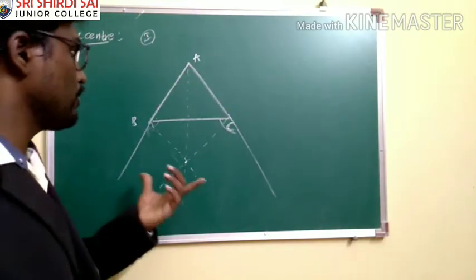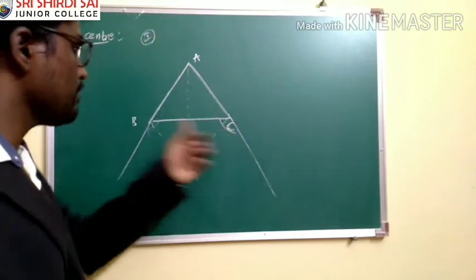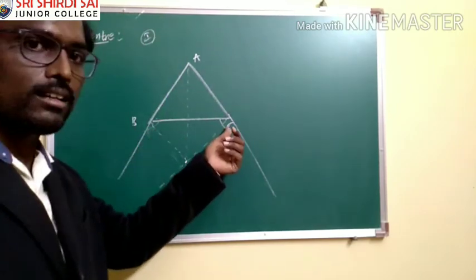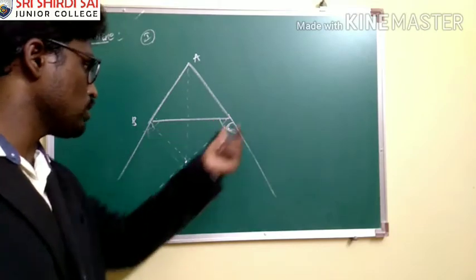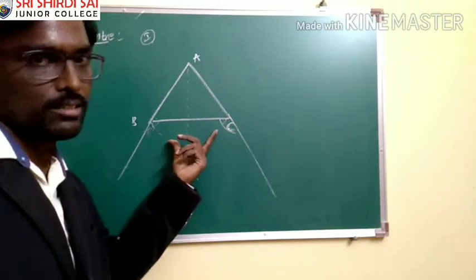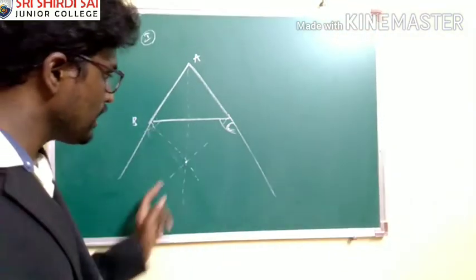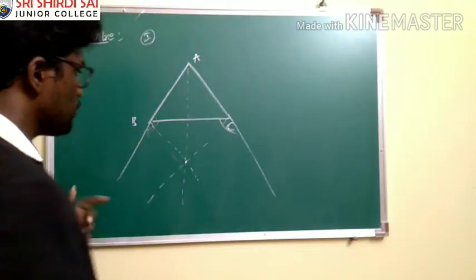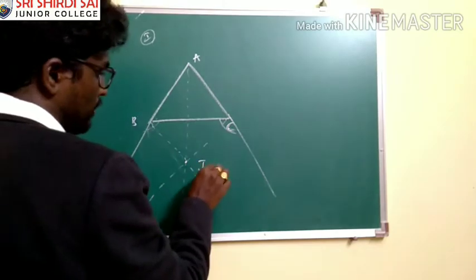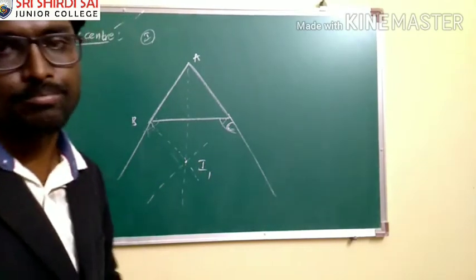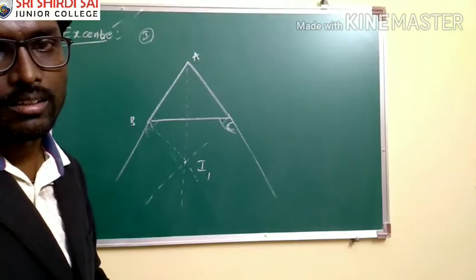When you are extending AB and AC, these two angles are external angles and these two lines are the external angle bisectors. And this is the internal angle bisector. All three are concurrent. Such a point is said to be excenter 1, which we denote by I1. Why do I say I1?